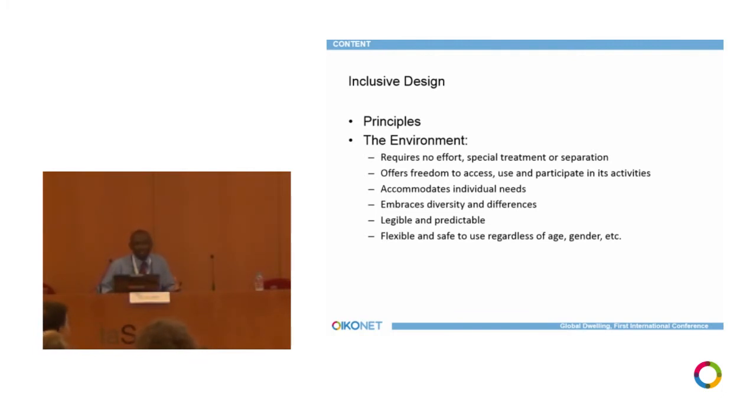It must embrace diversity and differences amongst the users. It must be legible and predictable, so you don't just have maybe a narrow corridor and all of a sudden a wide corridor or the other way around. And it will be flexible for all users and safe to use for all users, irrespective of their age or gender difference.